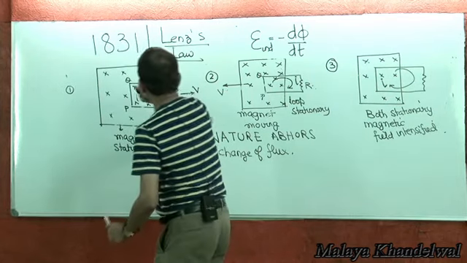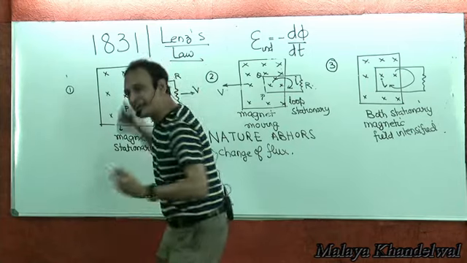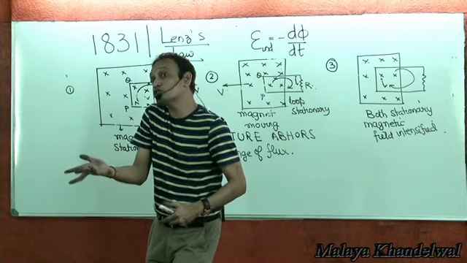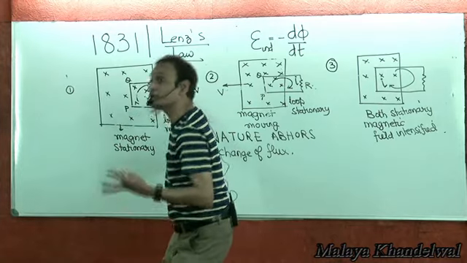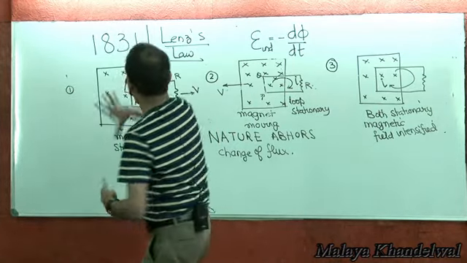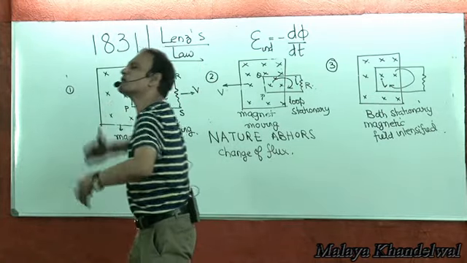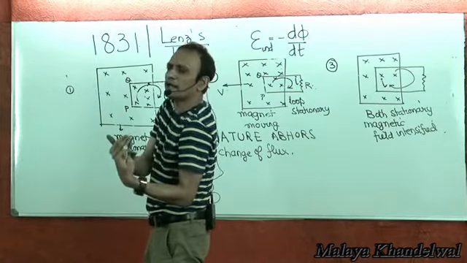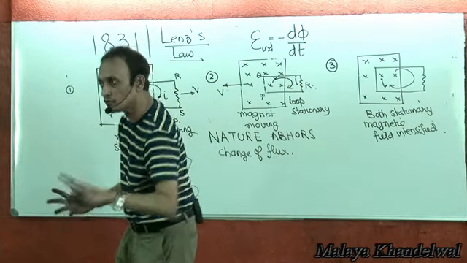That means the number of field lines going into the plane of the board through the loop would decrease. The direction of the induced EMF, and therefore the direction of the induced current, would be such as to augment more field lines going into the plane of the board, so that partially the loss of field lines going into the plane of the board is compensated. You know what I'm saying?